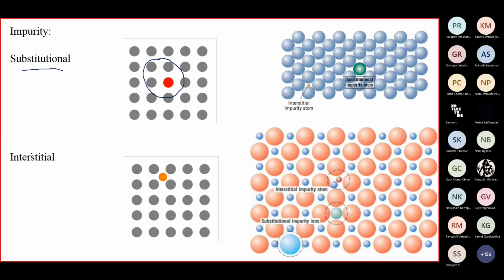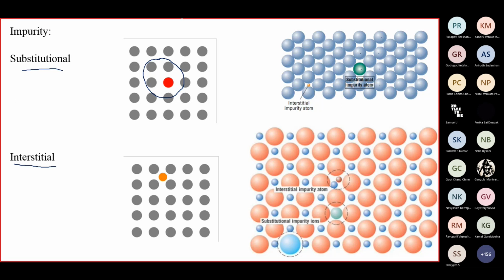Okay, so the second one is interstitial. In the interstitial case, the host atom lattice points are intact. All the lattice points of host atoms are occupied by the host atoms only. Nothing is displaced, nothing is missing. But in the gap between the host atoms, there would be a different elemental atom present.